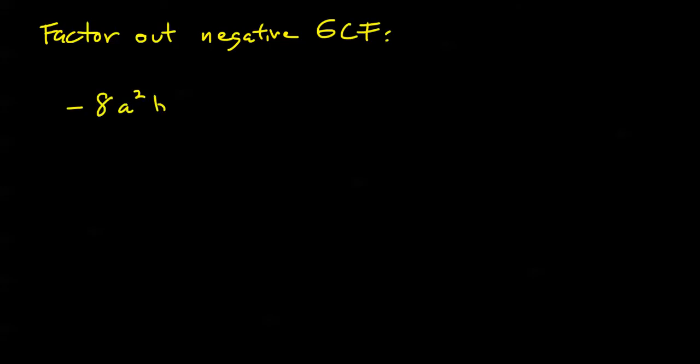Alright, here's a type of problem, again dealing with negative type things. The book asks us to factor out a negative greatest common factor from the following expression. Alright, so I've got a binomial of degree 4.